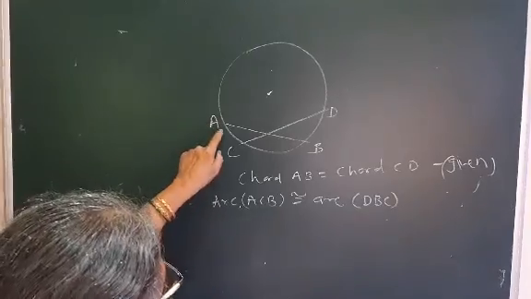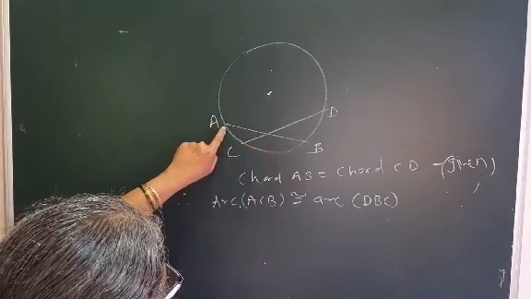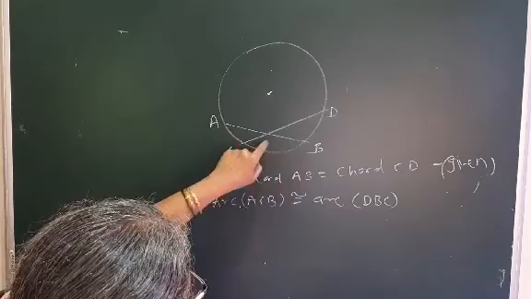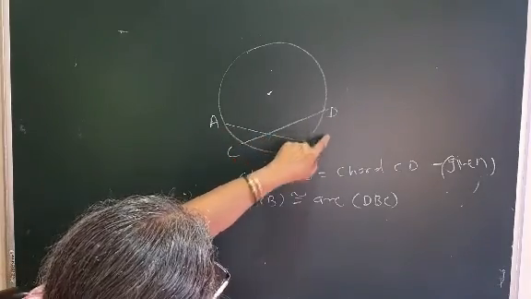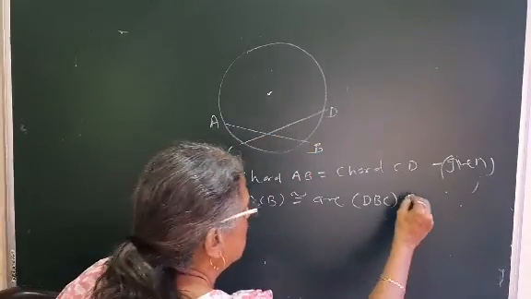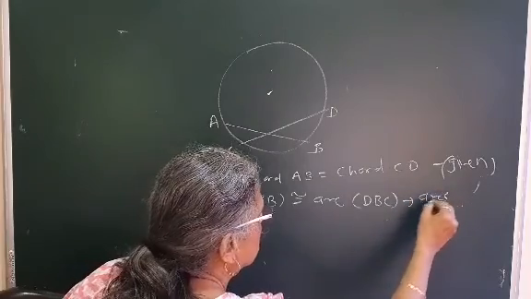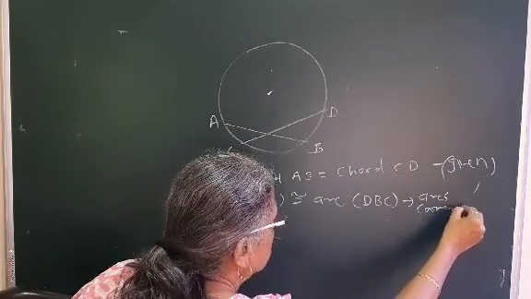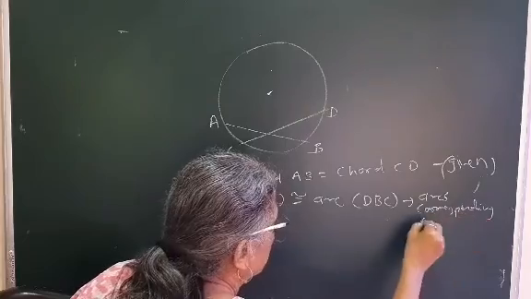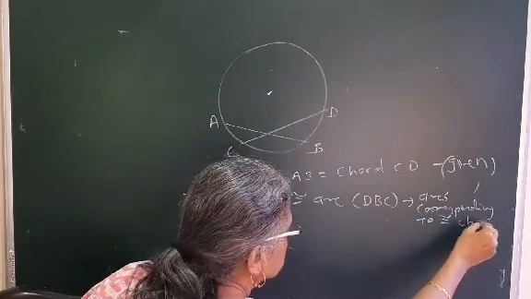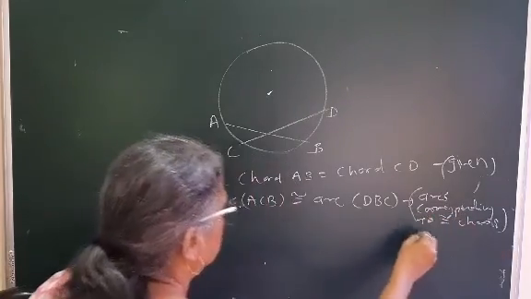Reason, for chord AB the corresponding arc is ACB, for chord CD the corresponding arc is DBC. Therefore, reason, arcs corresponding to congruent chords. Follow?